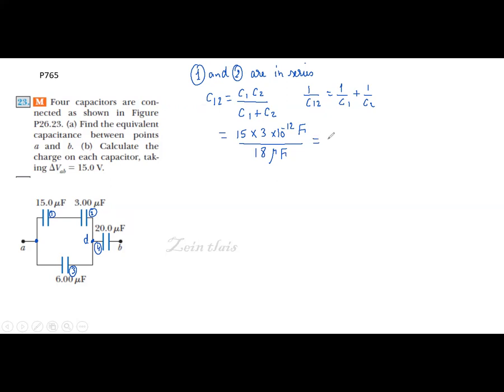So we get 15 times 3 equals 45 divided by 18 microfarad. This is C12. The answer will be equal to 2.5 microfarad.